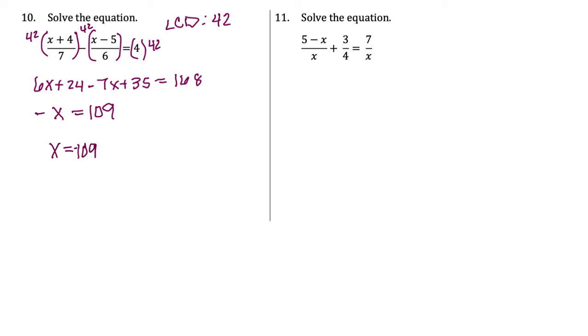Okay, over on this other side, the least common denominator is 4x. So we're going to multiply every single term by 4x.